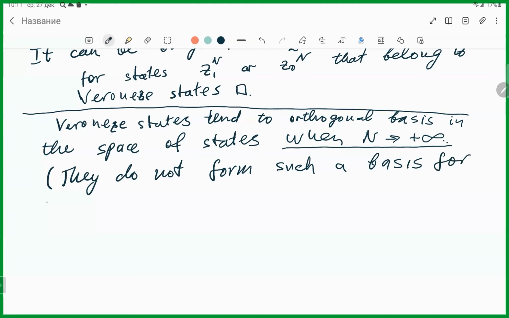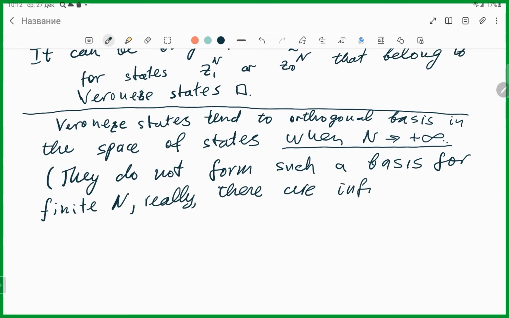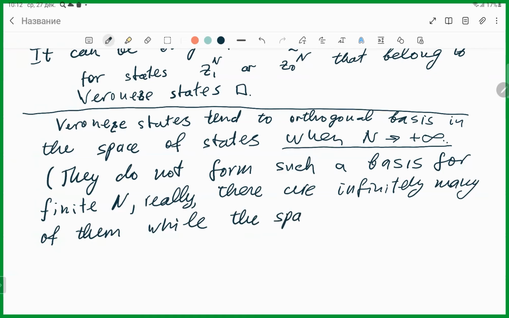They don't form such a basis for finite n. Really? There are infinitely many of them, while the space is finite dimensional, n plus 1 for finite n.